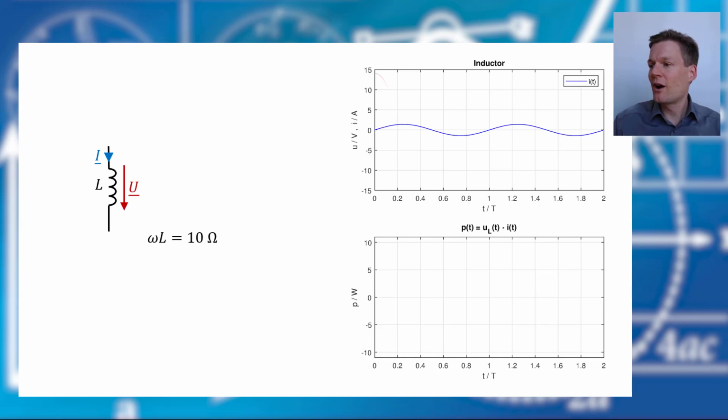And we have our voltage, and again the voltage was 10 volts, and the amplitude of that is square root of 2 times 10 volts. And here we have this 90-degree phase shift between voltage and current. And now we multiply again voltage and current for every single moment.